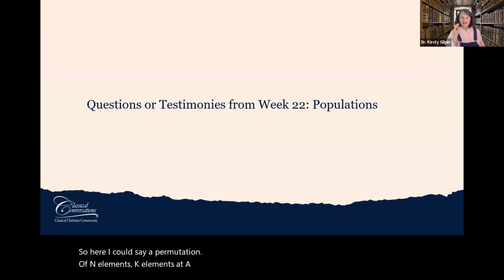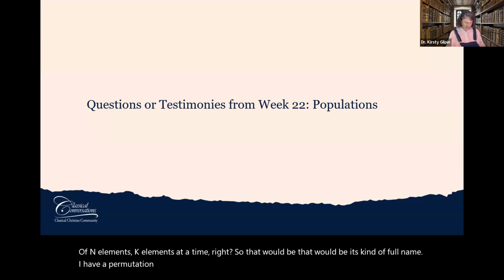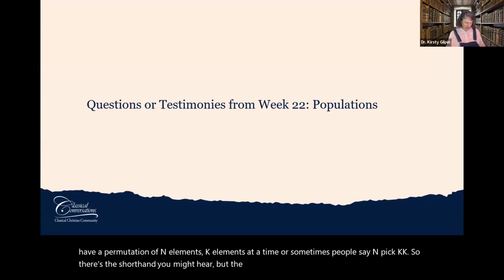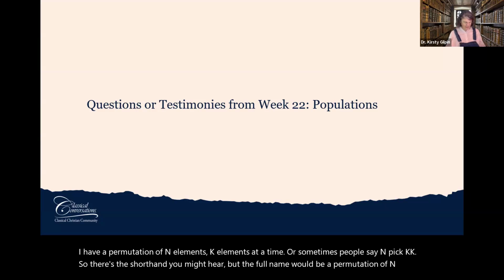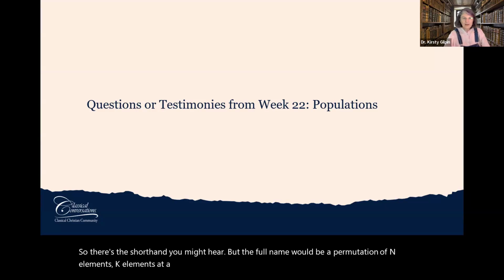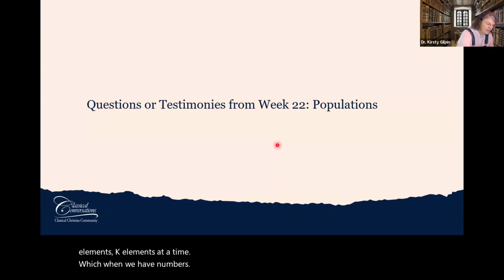So that would be its full name. I have a permutation of n elements, k elements at a time, or sometimes people will say n pick k. That's the shorthand you might hear, but the full name would be a permutation of n elements, k elements at a time. Which when we have numbers feels a little less clunky.